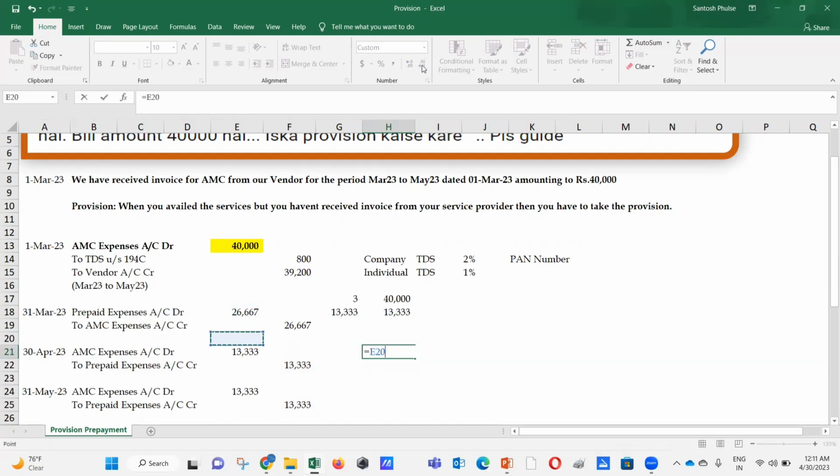How much is your total AMC expenses debited? This is first, then this is also debited, and this is also debited, and this is going to be credited. So 40,000. That 40,000 is across 3 months, that's for March, April, and May.